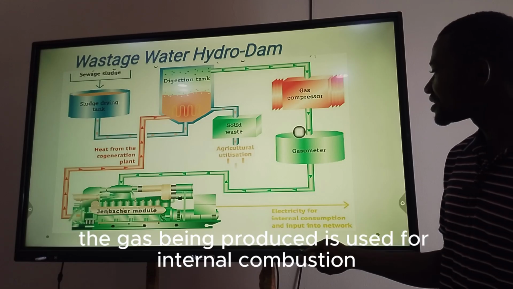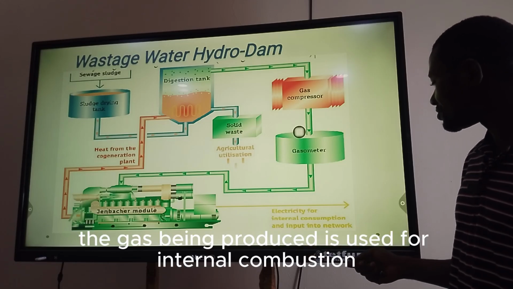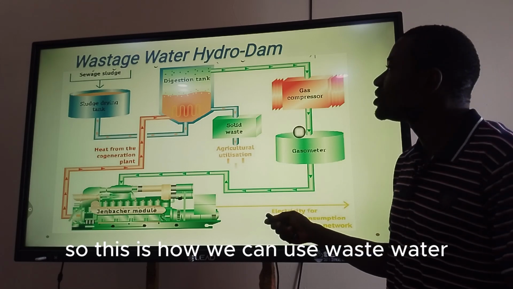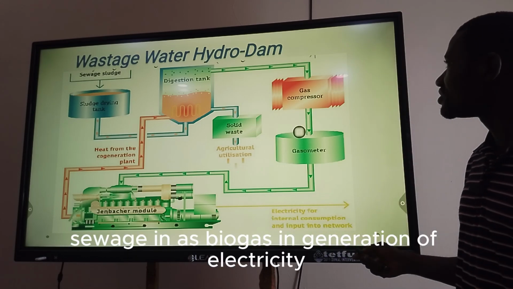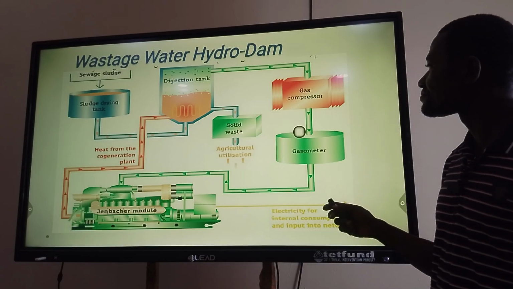And from here, the gas being produced is used for internal combustion and input into a network. So this is how we can use wastewater, sewage, as a biogas in generation of electricity.